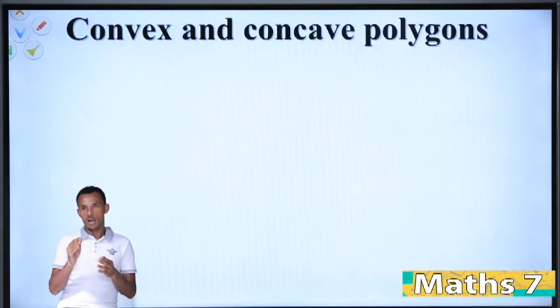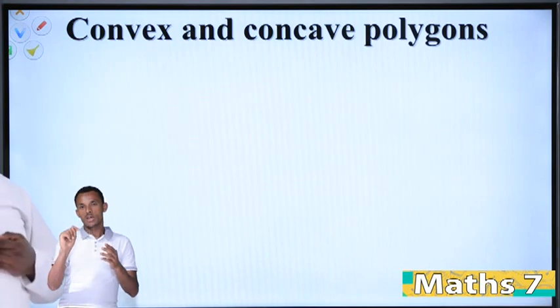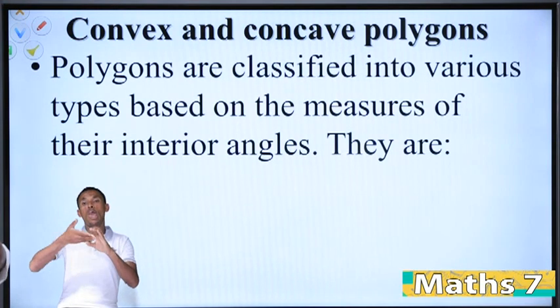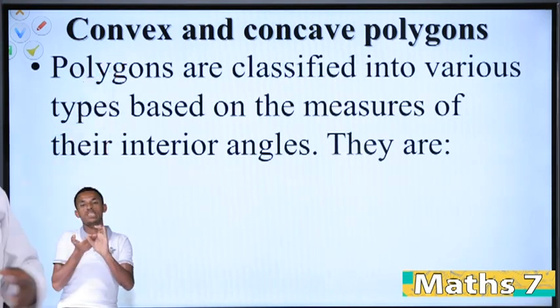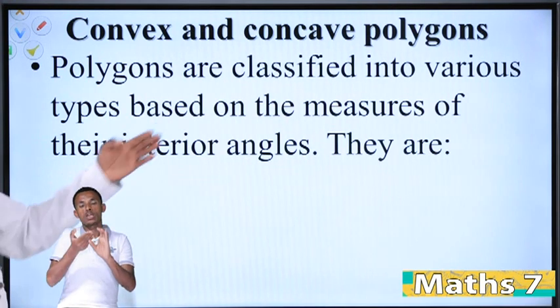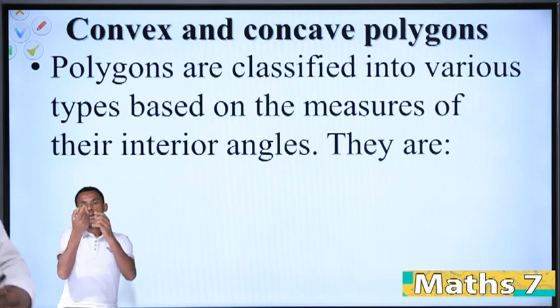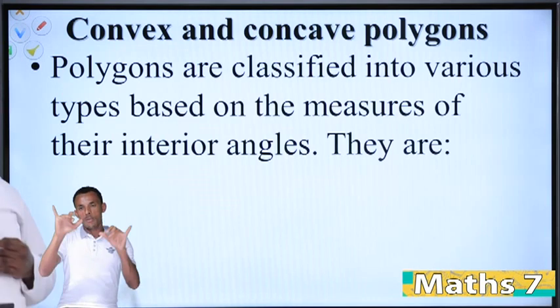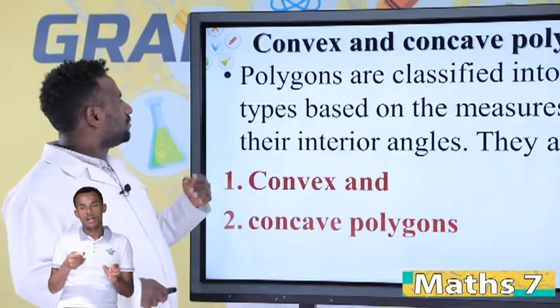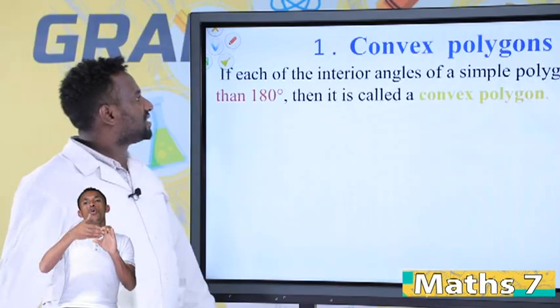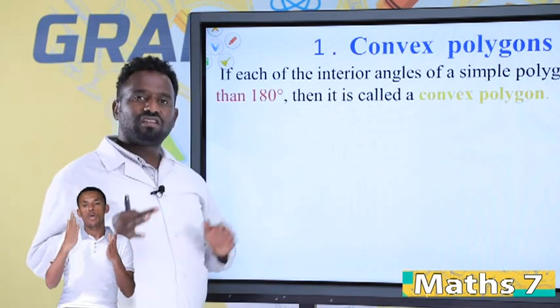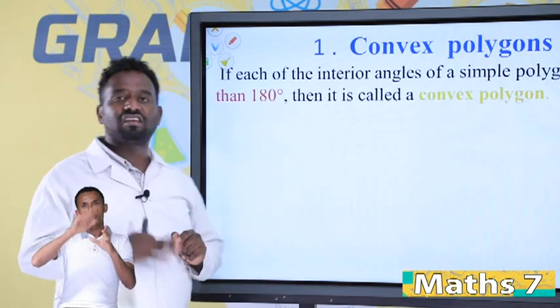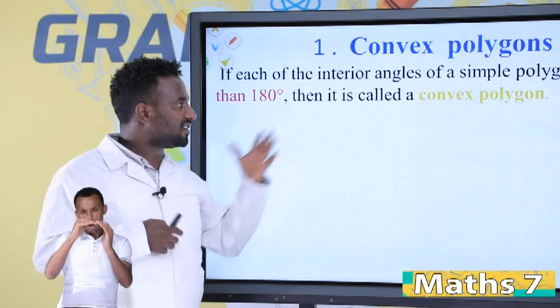Let's see the difference between concave and convex polygons. Convex and concave polygons are classified based on the measure of the interior angles. In a convex polygon, all interior angles are less than 180 degrees.